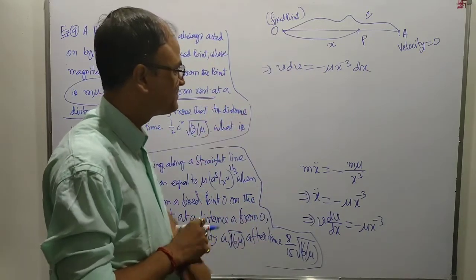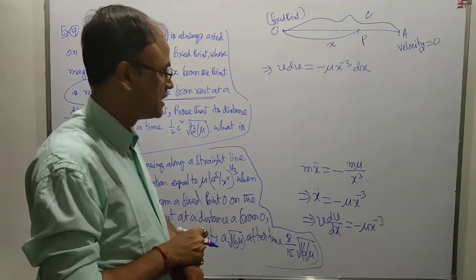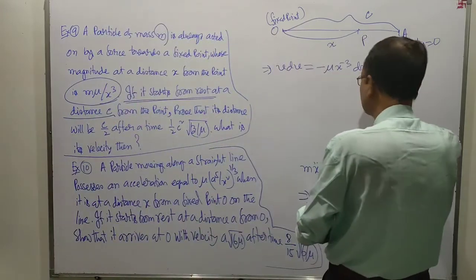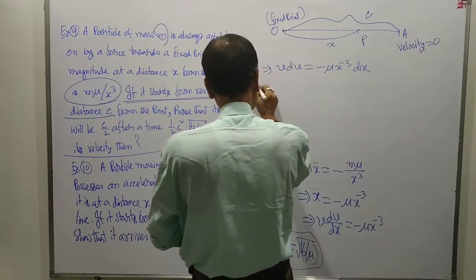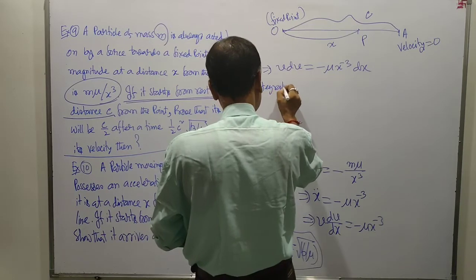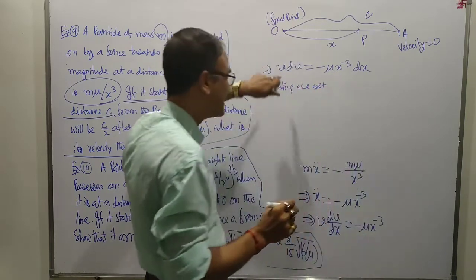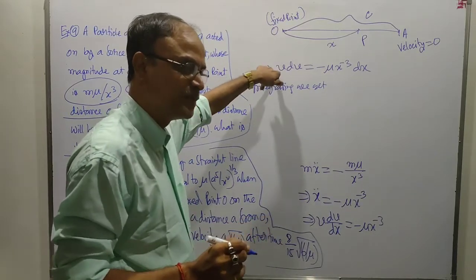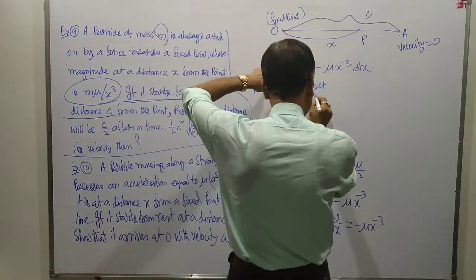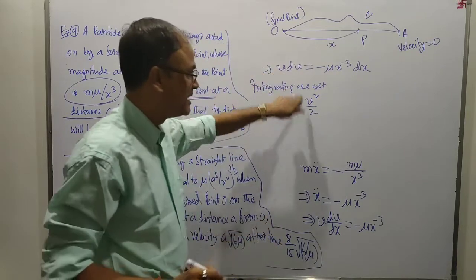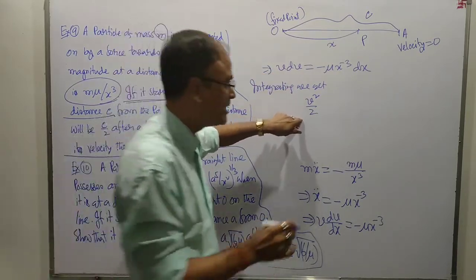Now integrating, we get, you may write the integration sign. Integration v dv will be equal to definitely v square by 2. If you integrate this, it will be v square by 2.